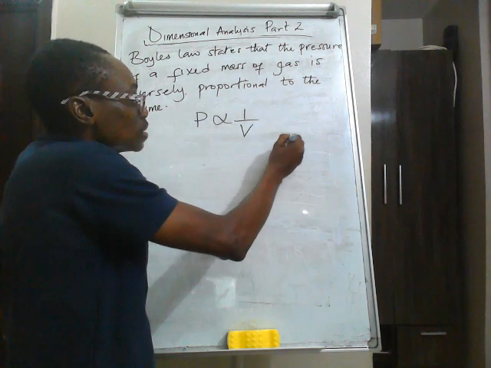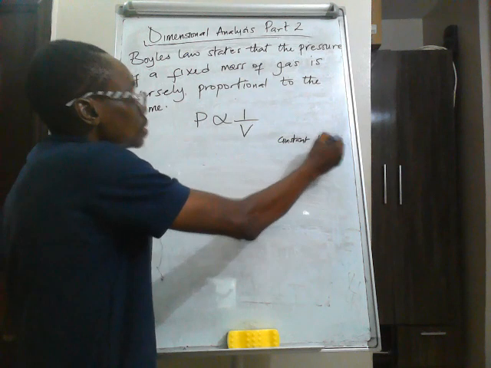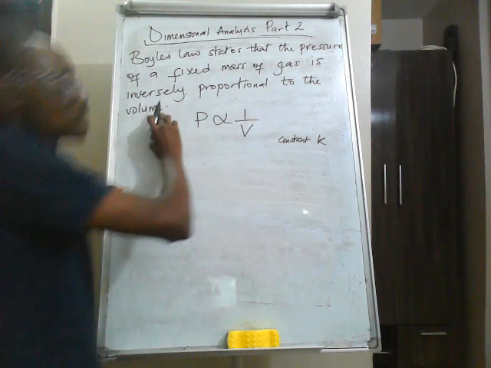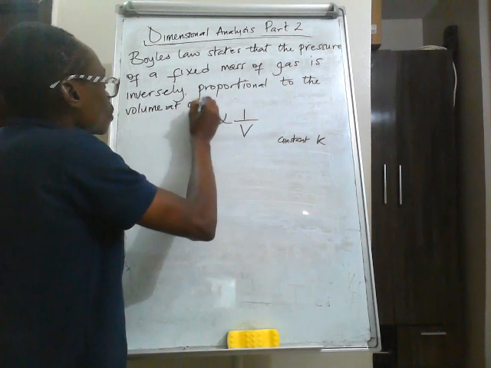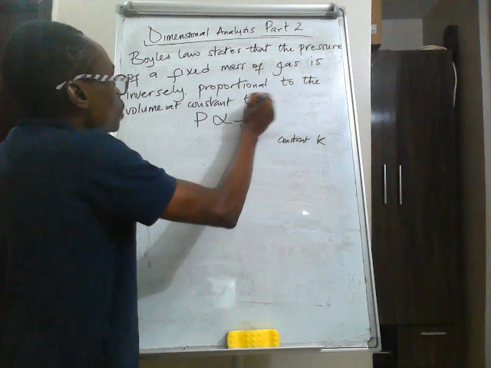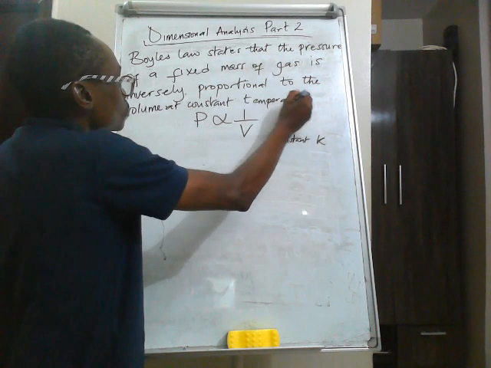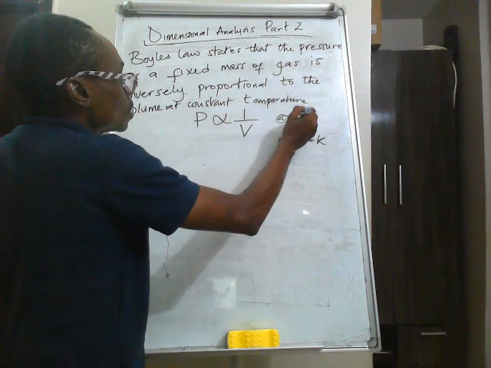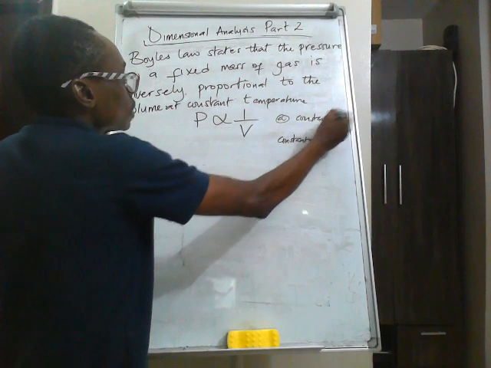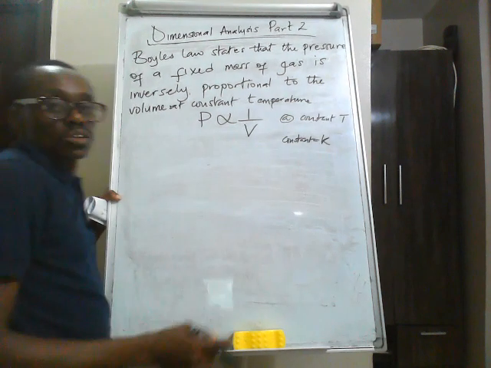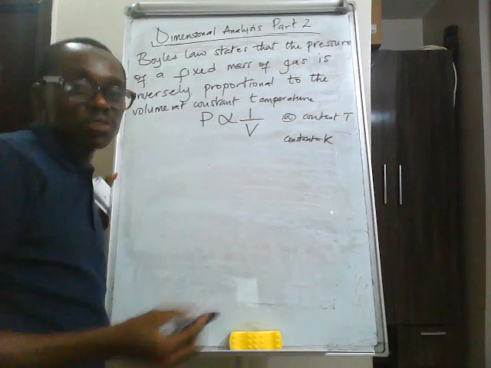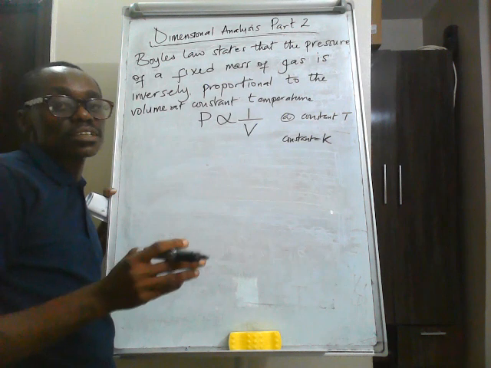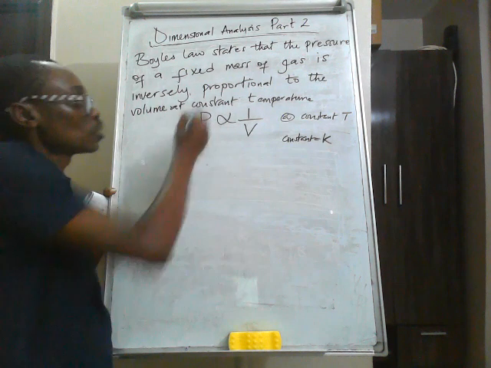So our constant is going to be K. Boyle's law is that the pressure of a fixed mass of gas is inversely proportional to the volume at constant temperature T. Okay, so this is the mathematical expression.